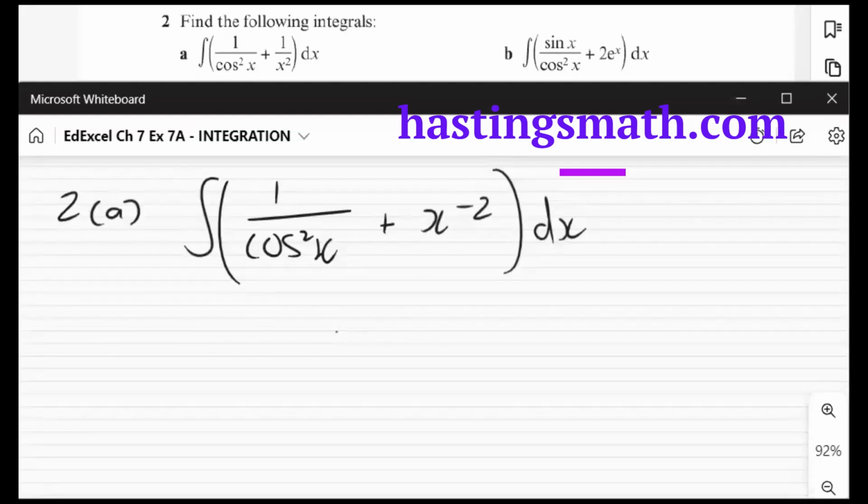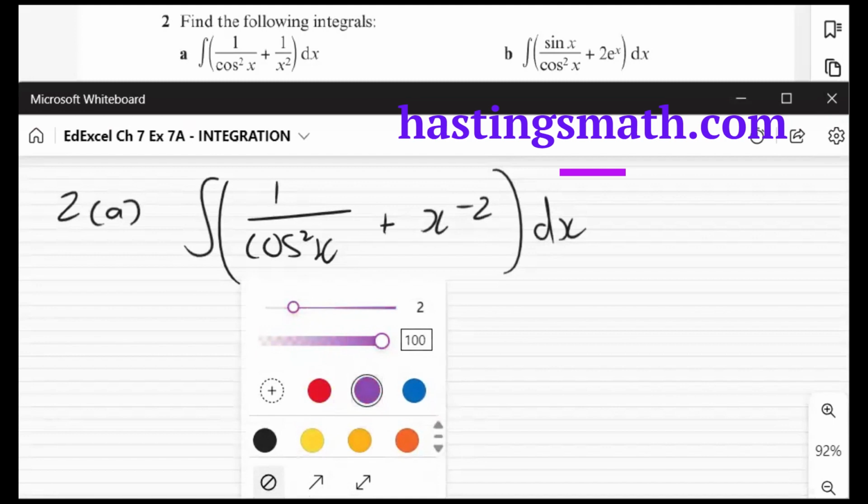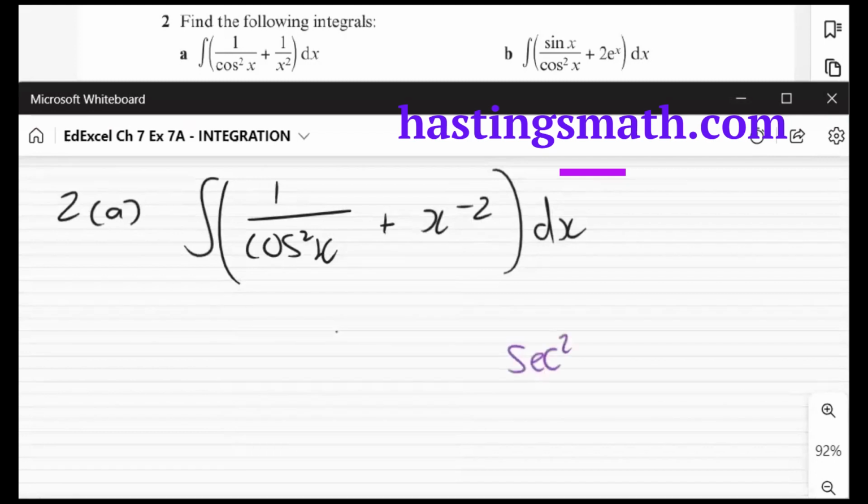The simplest way is to notice that if we have sec squared x, the reciprocal is 1 over cos squared x, and we're going this way. So if you change it to sec squared x, it's straight to tan x. So that's one of our 9 options, and we can continue from there.